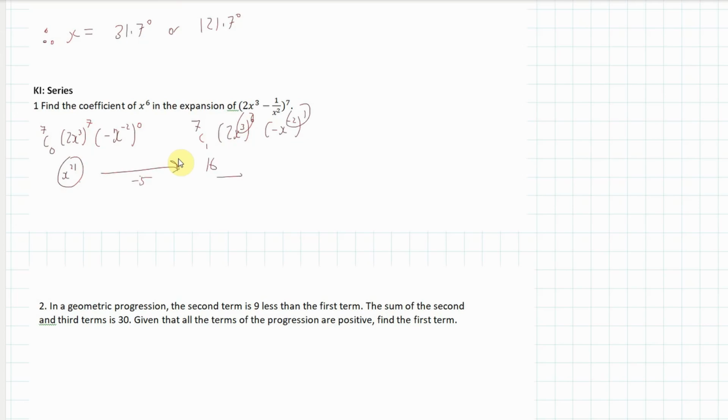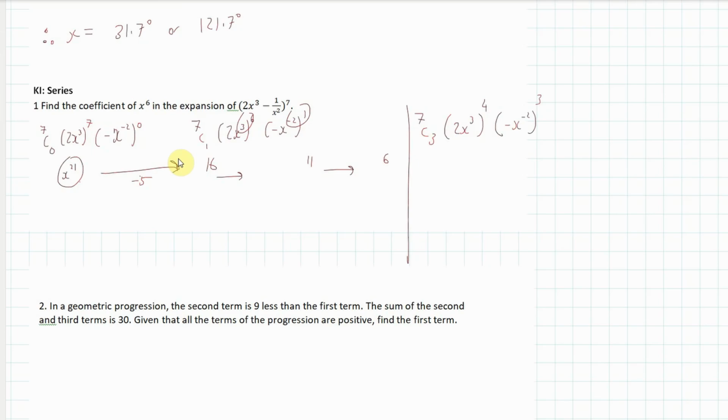Okay, so the next one should be 16, the next one should be 11, and then the next one should be 6. So you want 7 choose 3, and then it'll be 2x to the power of 3, and then multiply by negative x to the negative 2. This one now is going to be to the power of 3, and so this must be to the power of 4. So that's the one we want.